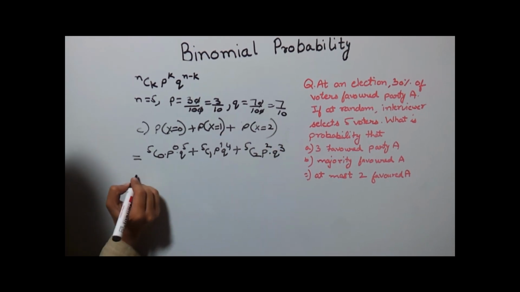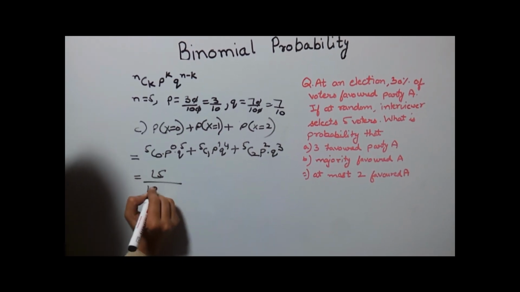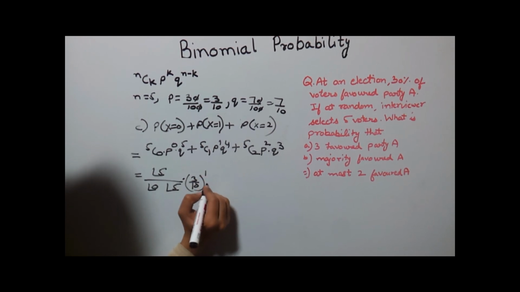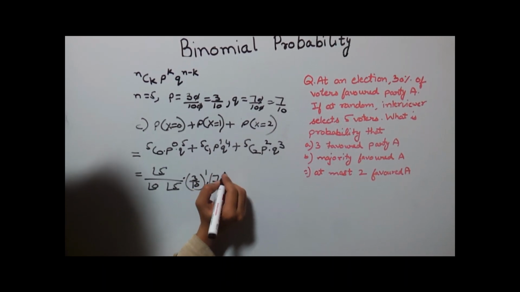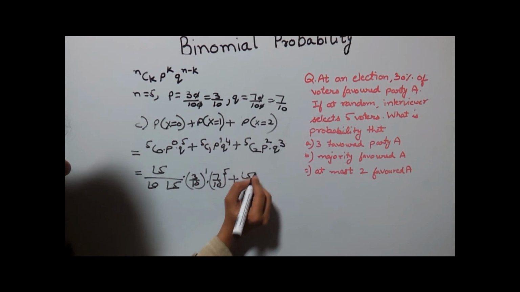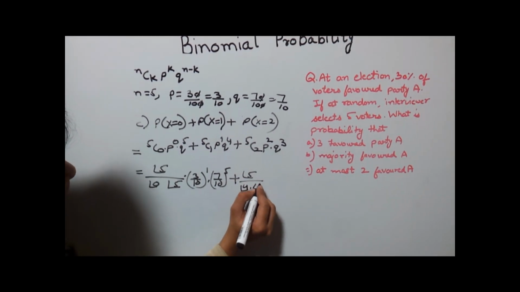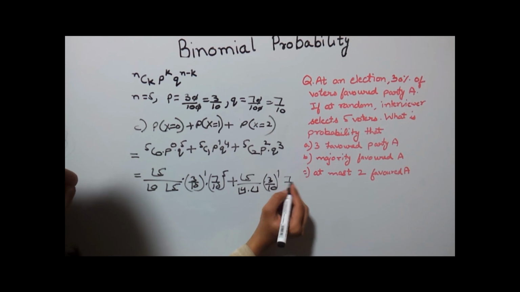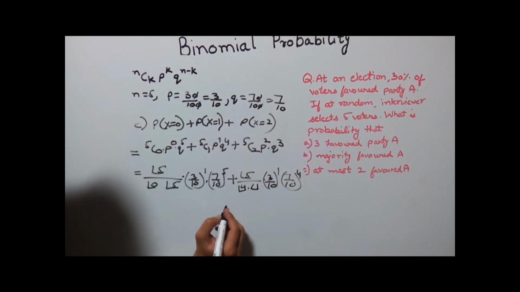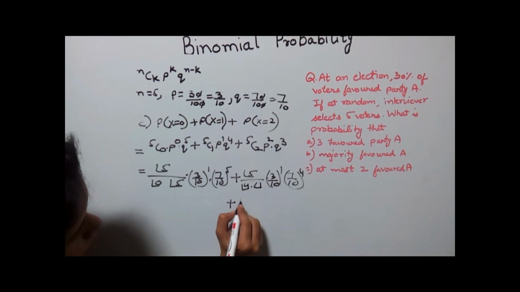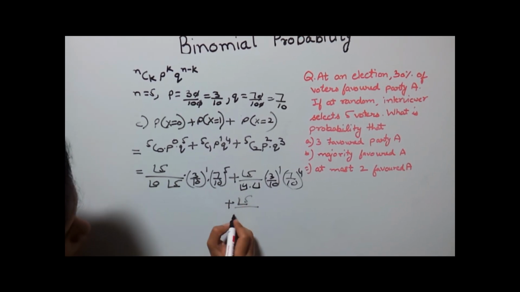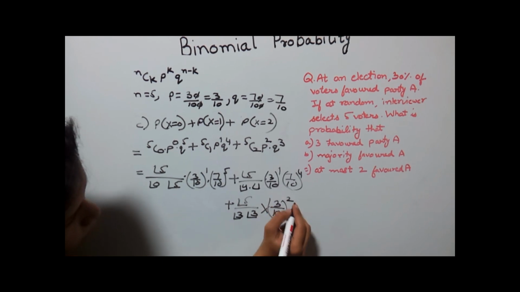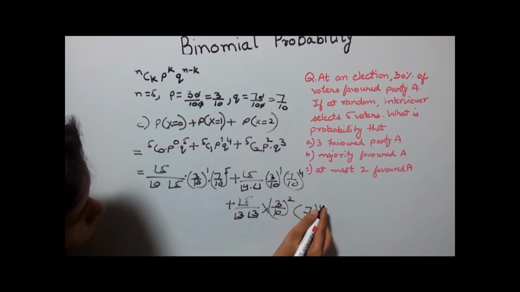to the power 3, which gives us factorial 5 upon factorial 0 factorial 5 into (3 by 10) to the power 0 into (7 by 10) to the power 5, plus factorial 5 upon factorial 4 into factorial 1 into (3 by 10) to the power 1 into (7 by 10) to the power 4, plus factorial 5 upon factorial 3 into factorial 2 into (3 by 10) to the power 2 and (7 by 10) to the power 3.